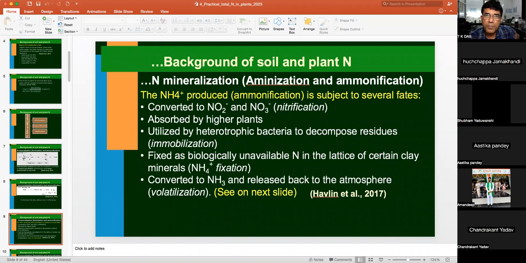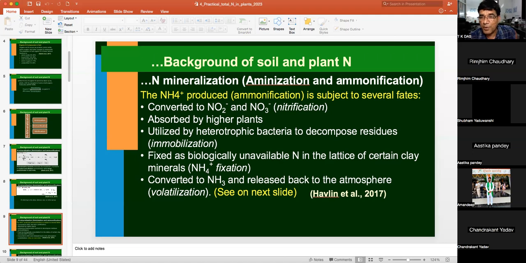It has very, very high significance in potassium nutrition also. Because potassium ions and ammonium ions have similar ionic radii, both potassium and ammonium can enter the clay micelle, because of which both can go for fixation.